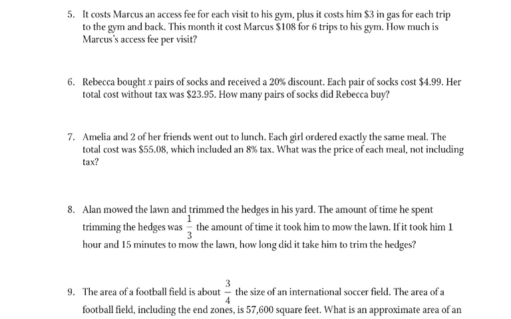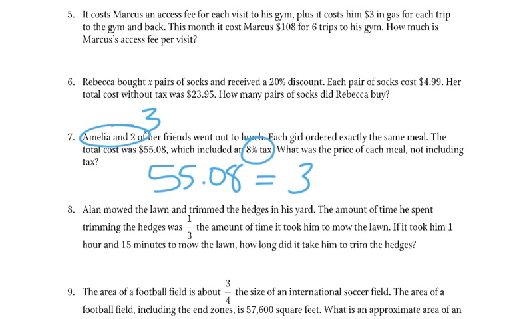So, that 8% tax we're going to have to take off, right? So we know the total was $55.08. Amelia and her 2 friends make 3 people. So they ordered the same meal, so the cost of that meal, we'll put C for cost, we would times by 3. But we would have to add an 8% tax to that cost, okay?